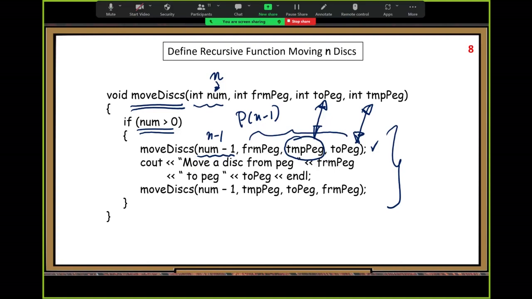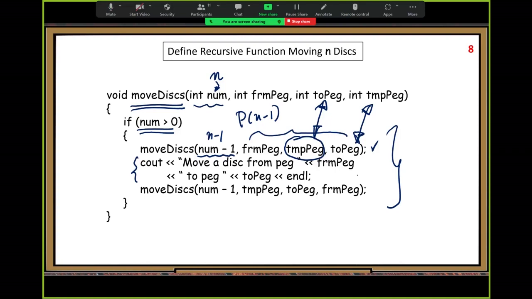All right, then move the bottom disk. For this one, we output a message, and we use this message to represent that we move the bottom disk.